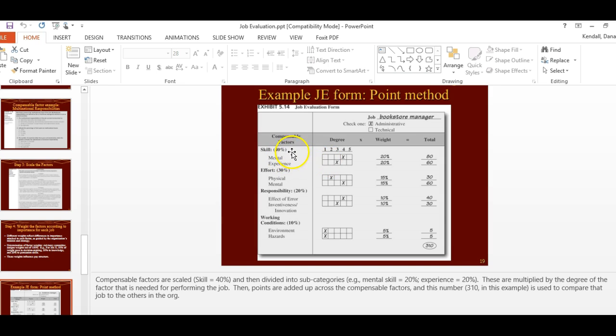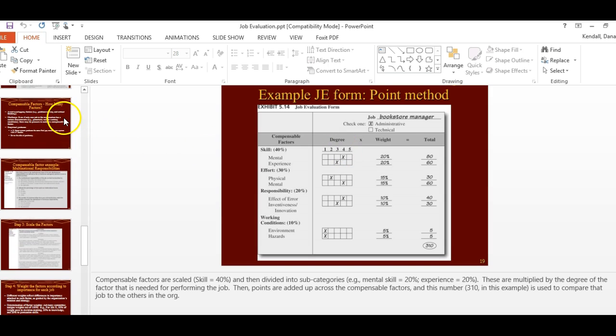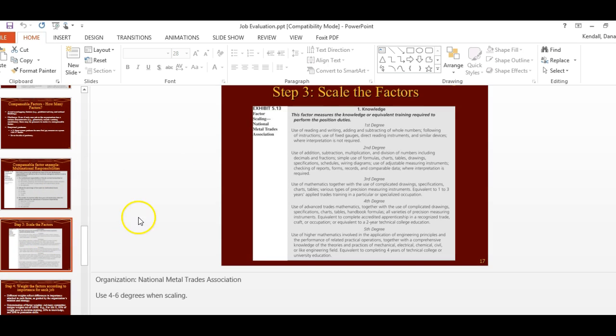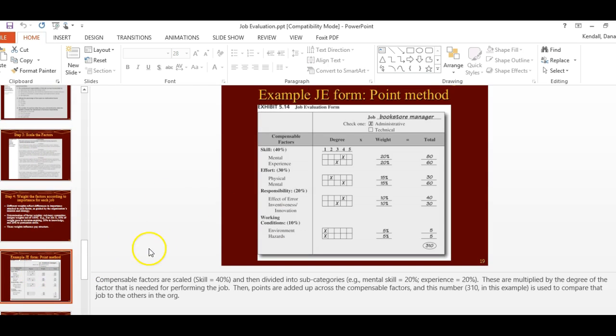And so the degree is the extent to which the job requires this, because you've done your scaling. Remember the scaling back here in slide 17. Scale the factors for each position so we know what the position entails as far as that factor. So for mental skill, for this particular position, it's going to be a 4. We need 4 on that one, but 3 on the experience skill.